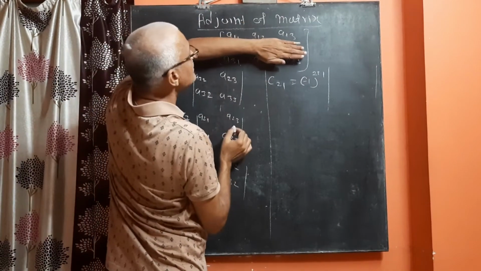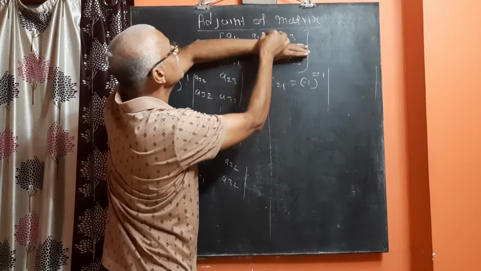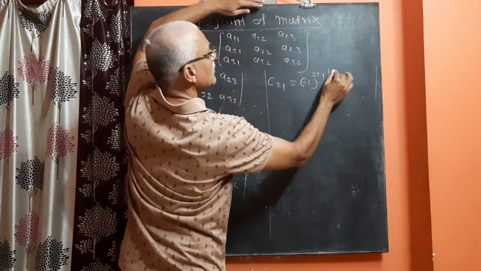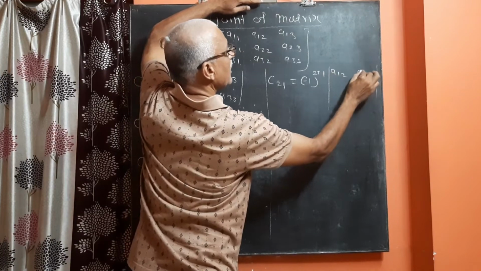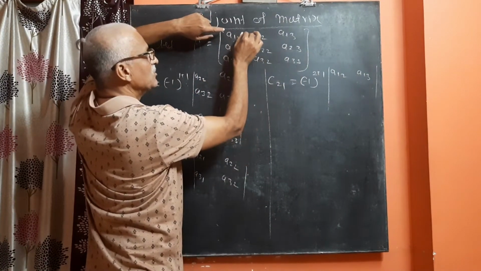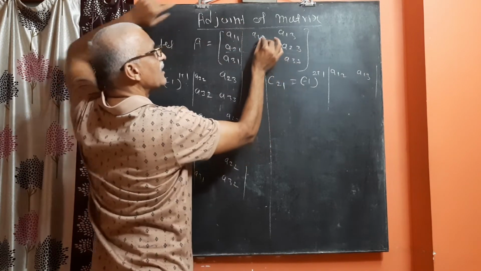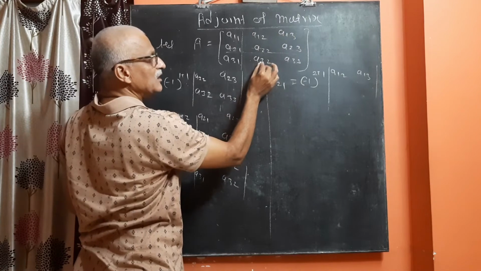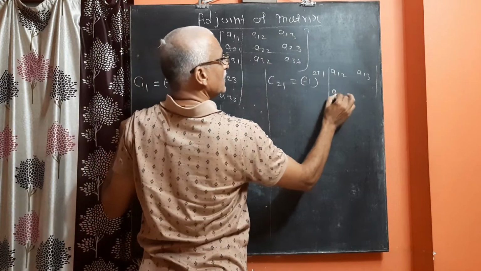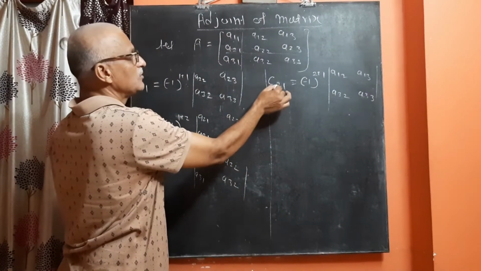See here, I skip this one and this first row. A12 A13 and A32 A33 remain. This is the cofactor of C21.